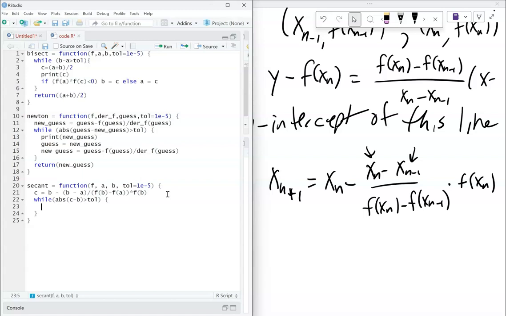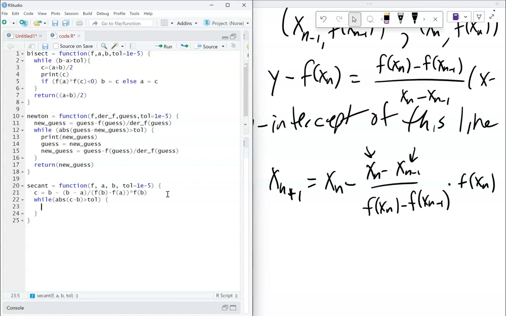I could have done B minus C, I'm doing absolute value, so the order doesn't matter. But the B is my old guess, the nearest previous old guess, I should say, and the C is the new guess, right? The A is the thing being replaced. That's why I'm comparing the C with the B. Does that make sense? Okay.